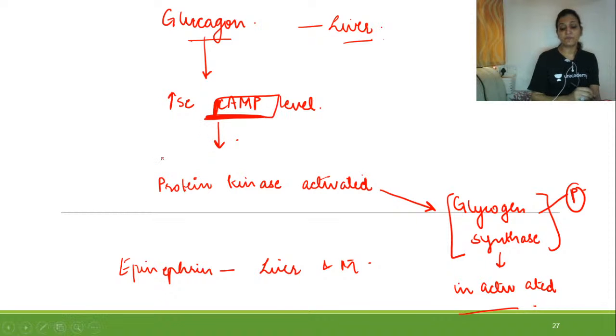The cyclic AMP will be utilized by insulin through phosphodiesterase, and it will further inactivate the downline reaction, and there will be inhibition of glycogenolysis, and the protein kinase is inactivated, and there will be dephosphorylation of glycogen synthase which is activated, and now the glucose is converted to glycogen.